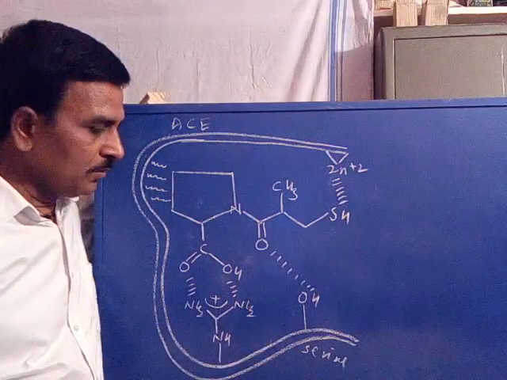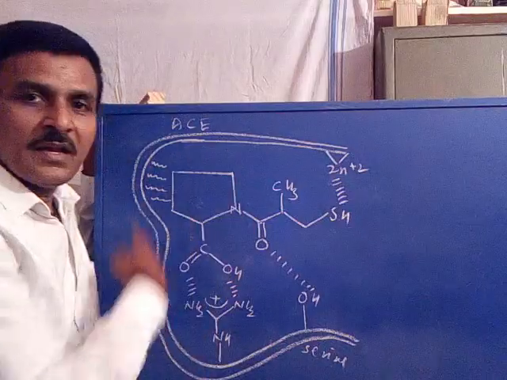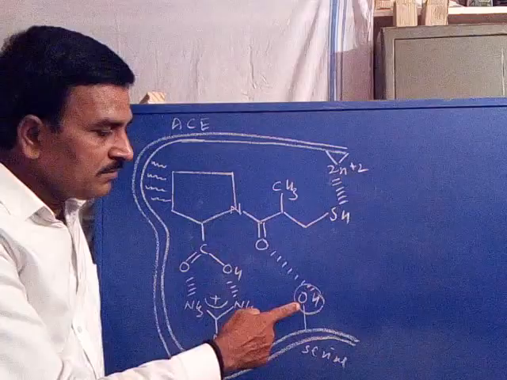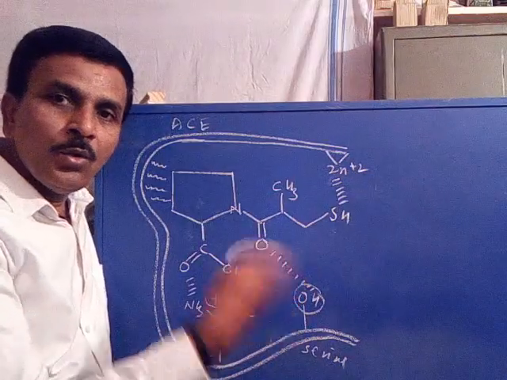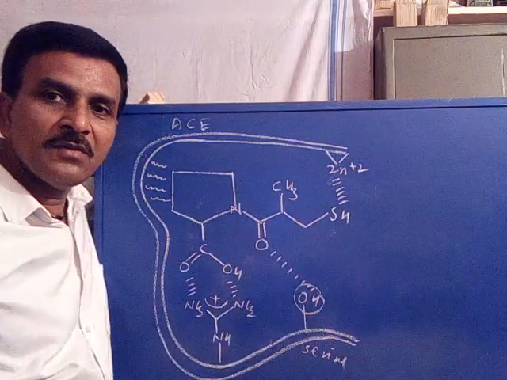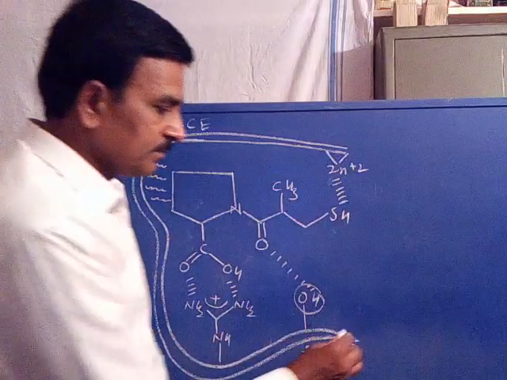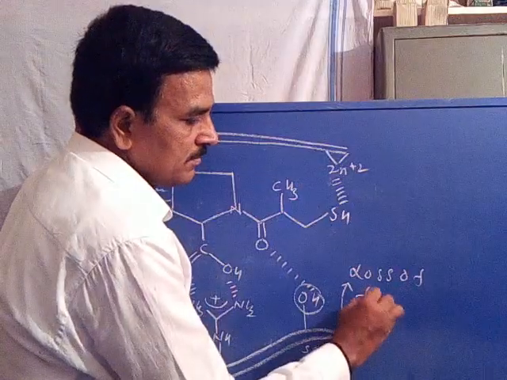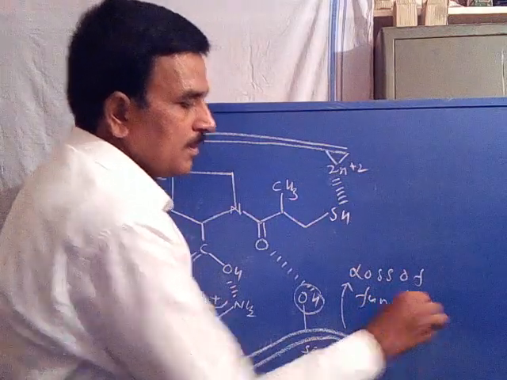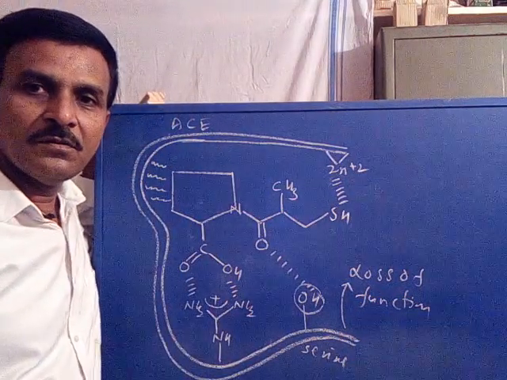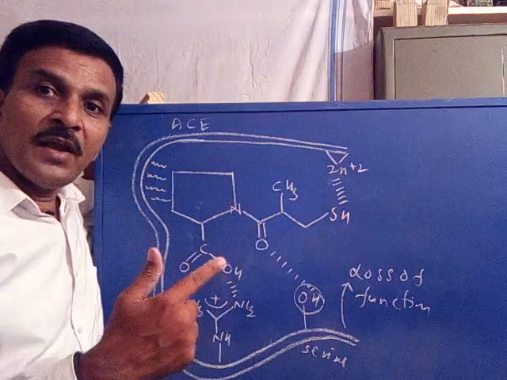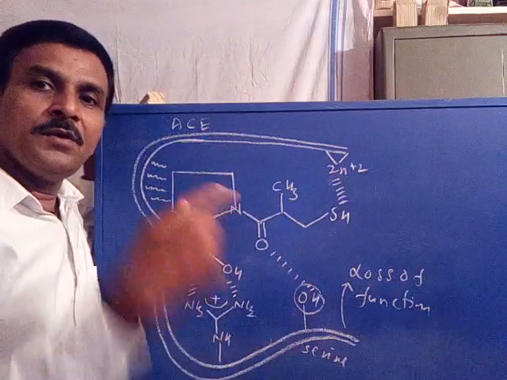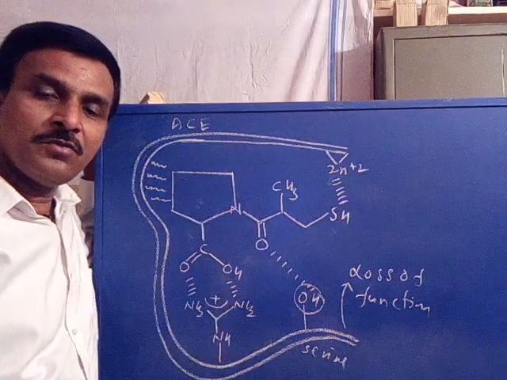Is it clear? Now when the angiotensin converting enzyme OH group is bound with the drug, when this group is not free, the angiotensin converting enzyme loses its function. What is its function? To hydrolyze the decapeptide into an octapeptide, that is angiotensin 1 into angiotensin 2, which is a hypertensive substance.